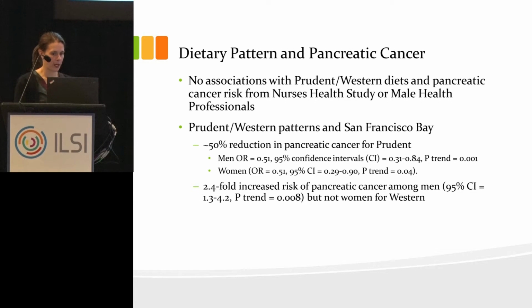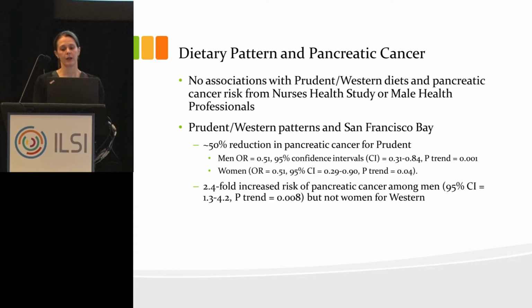Here's another point that I want to make. For pancreatic cancer, I want to look at the importance of looking at the same question in different types of cohorts. So from the large health cohorts that I talked about, there was no association between diet and pancreatic cancer, whereas a population-based case control study in San Francisco found strong impacts of the prudent and Western diet with regards to pancreatic cancer.